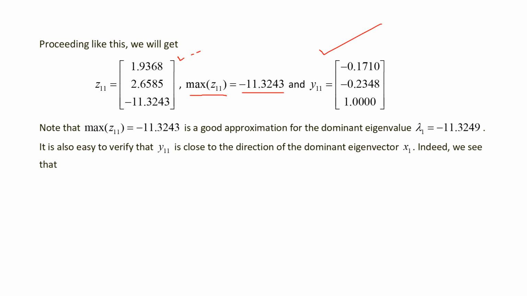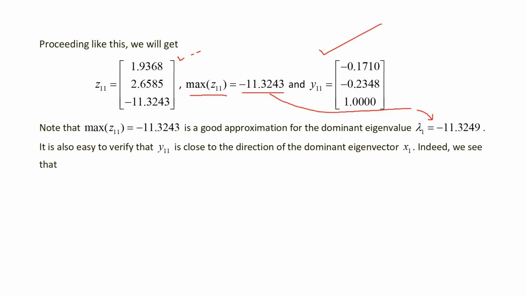We observe that this value is the approximation of lambda 1, which was mentioned before when we started this example. This is the best approximation, and y11 is the corresponding vector, which is the approximation of the eigenvector corresponding to lambda 1.